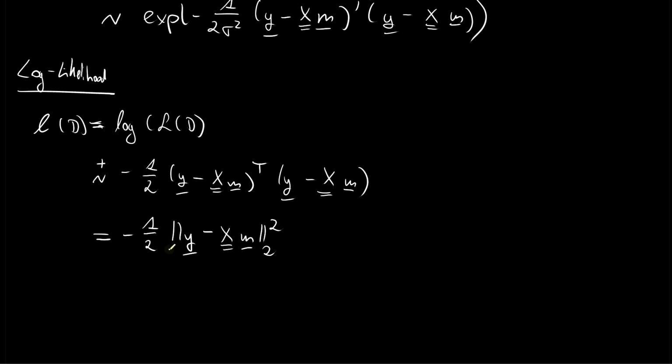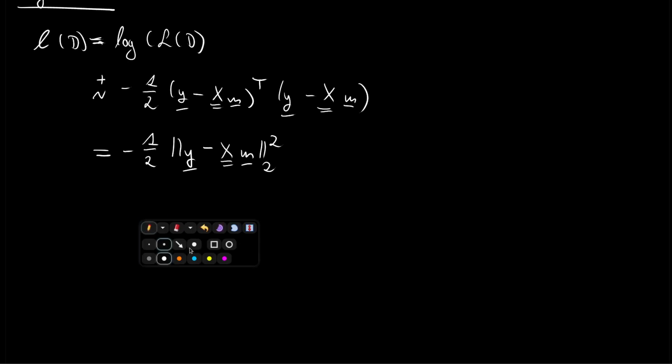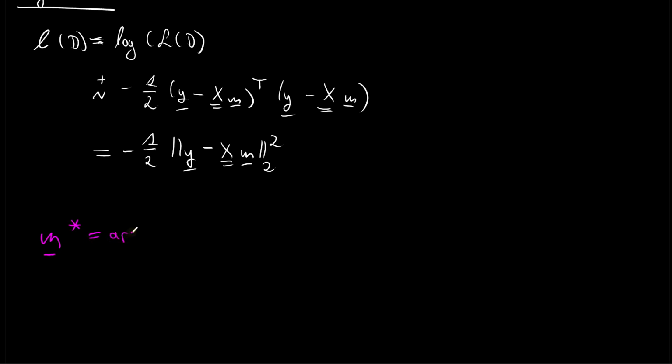And this in essence will then yield a maximization problem again, and we can swap it to a minimization. So in essence, after the same steps as before, we can find our m estimate as the arg min over all m's from this d-dimensional space over the 1/2 and then this norm expression.